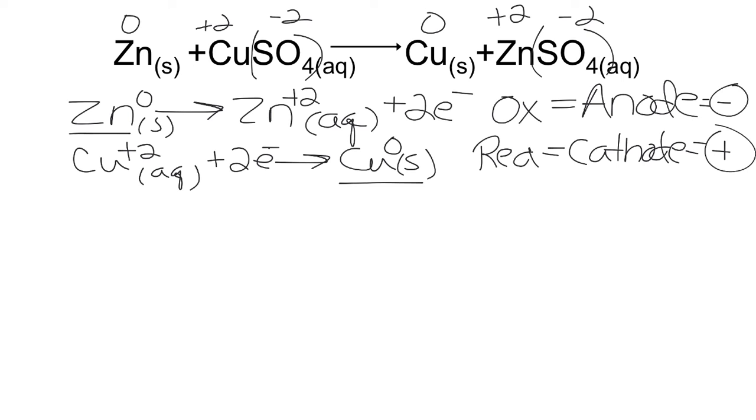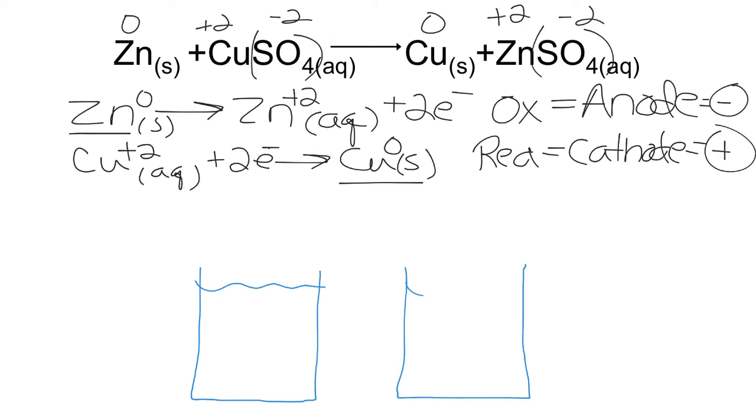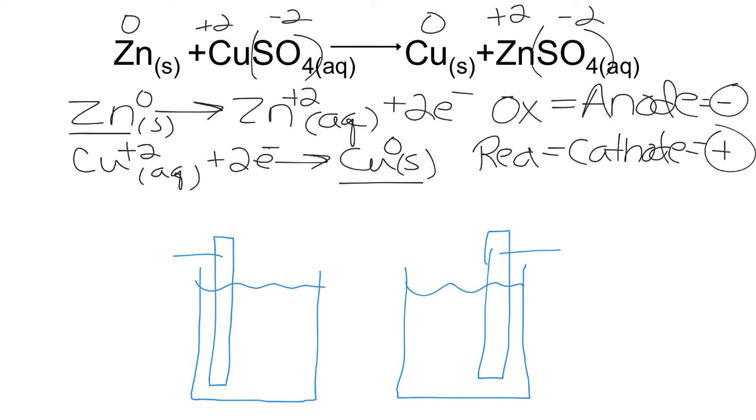Okay, so if we had to draw our diagram, you would draw your two beakers. We're going to add some solution to our beaker, and each one of our beakers is going to have a metal in it. Now, it doesn't matter which side we put the anode on, if we have that one be the anode or that one be the anode.